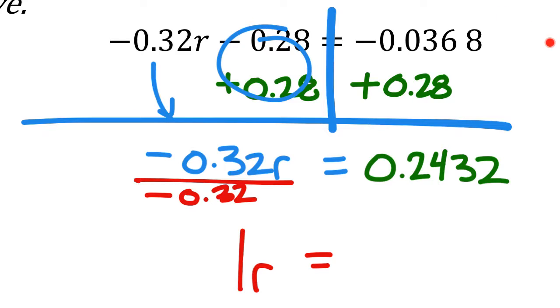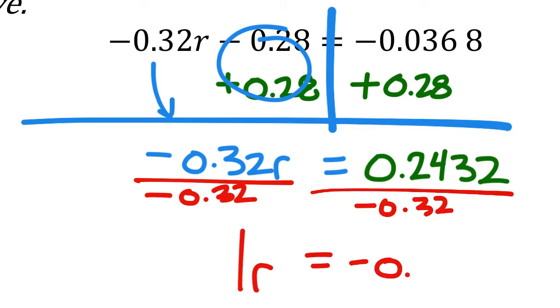So if there were other r's over here, I couldn't pair this with the r's because they're not like each other. So we go to this 0.2432 and divide it also by negative 0.32 as well. So I'll take that to my calculator, divide it by negative 0.32, which gives me negative 0.76.